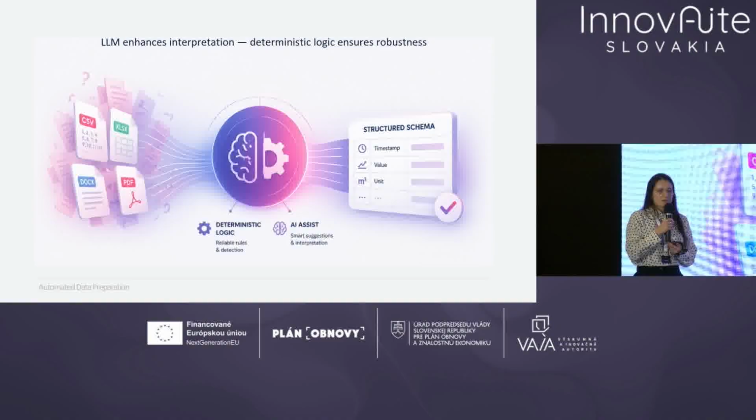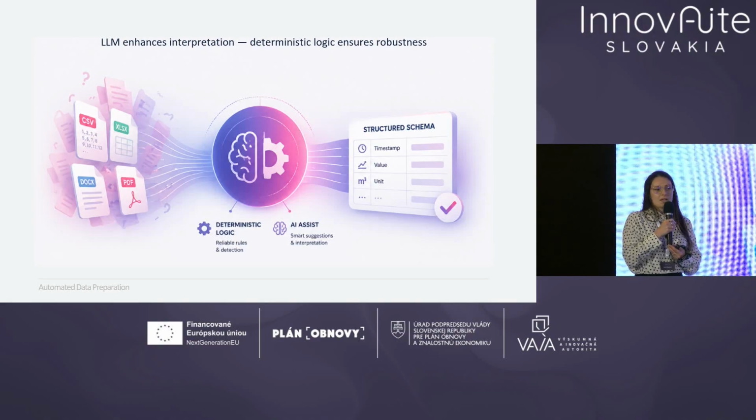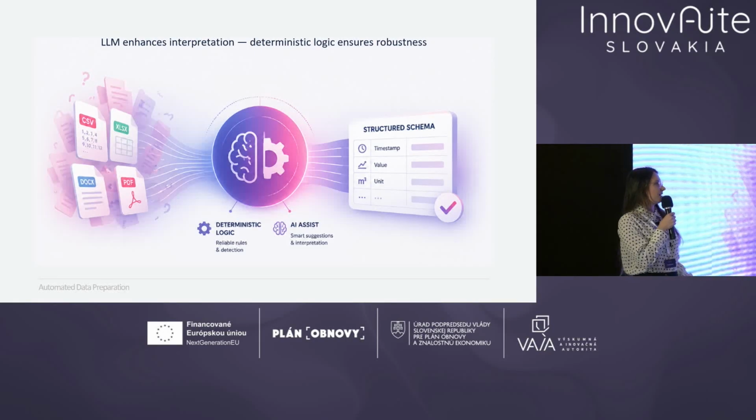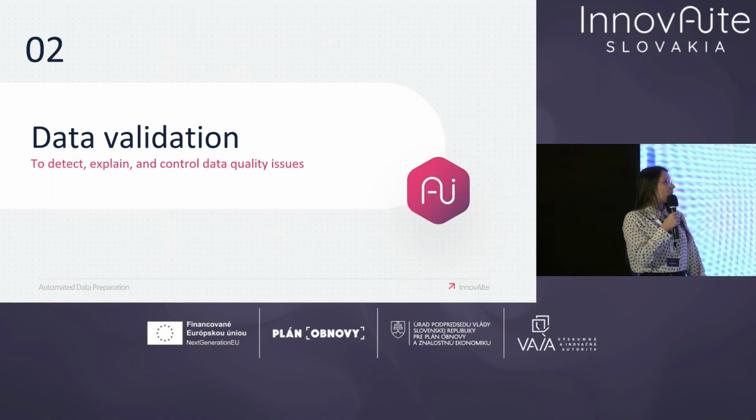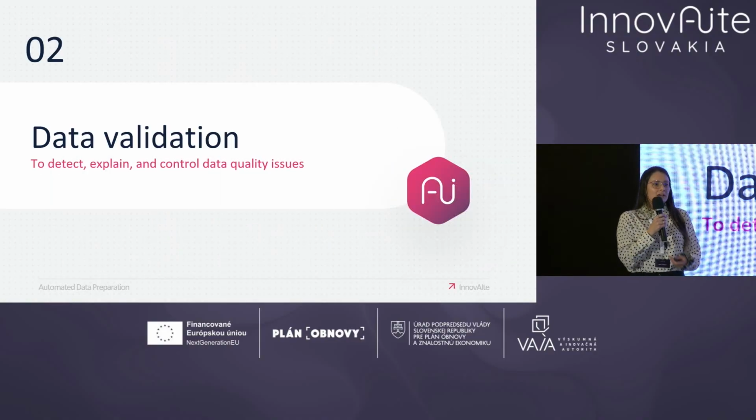If we use this approach, our data in different formats will be unified into one single output with the same structure, and then we are able to work with it. Then comes data validation.